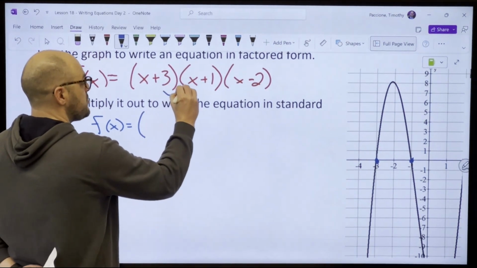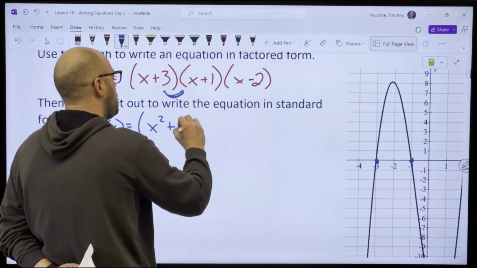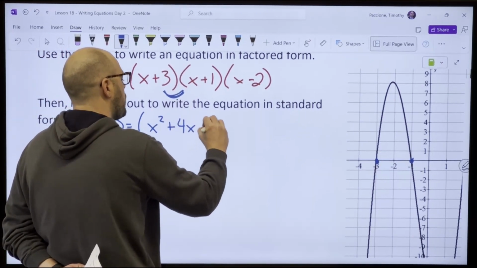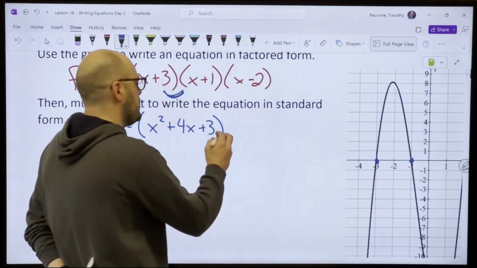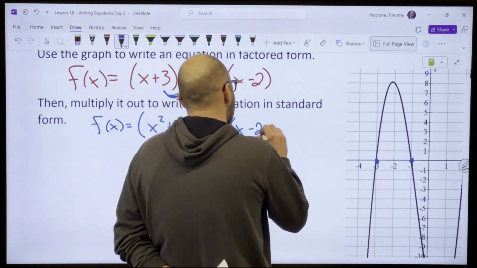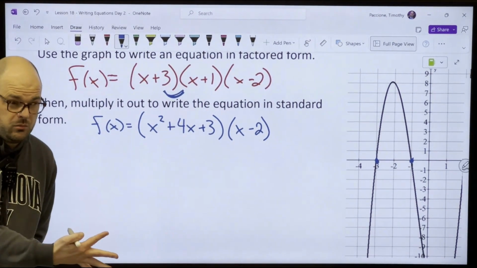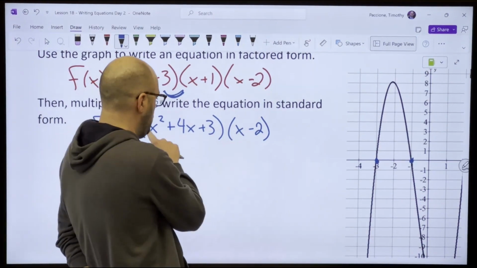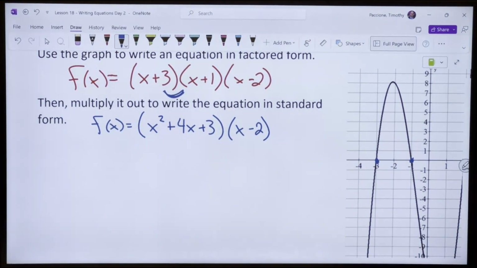This times this, right, is x squared plus 4x plus 3, right? And then I bring down the other one. Okay? Now I have a 3 times a 2, right? That's when we use the box, or at least I like to use a box.